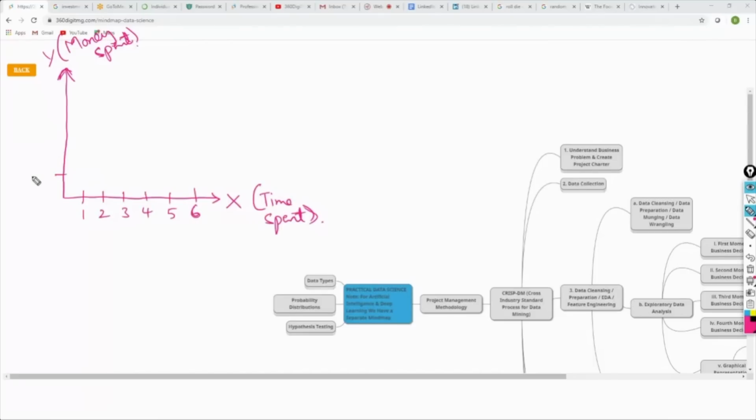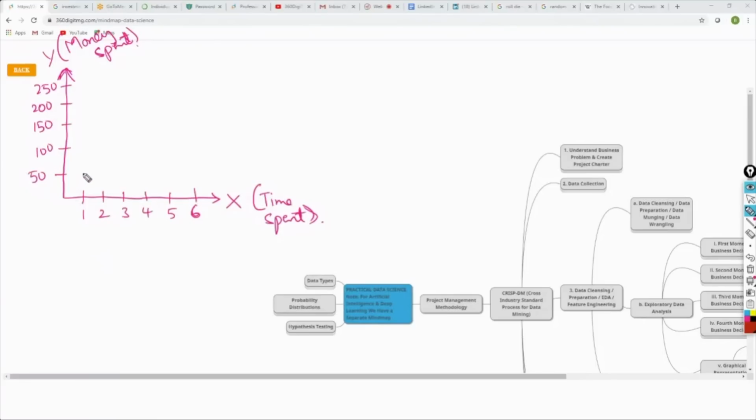And the money spent is $50, $100, $150, $200, $250, so on and so forth. Usually when you go to a shopping mall with your girlfriend, you try to show that you are a hero, yeah.